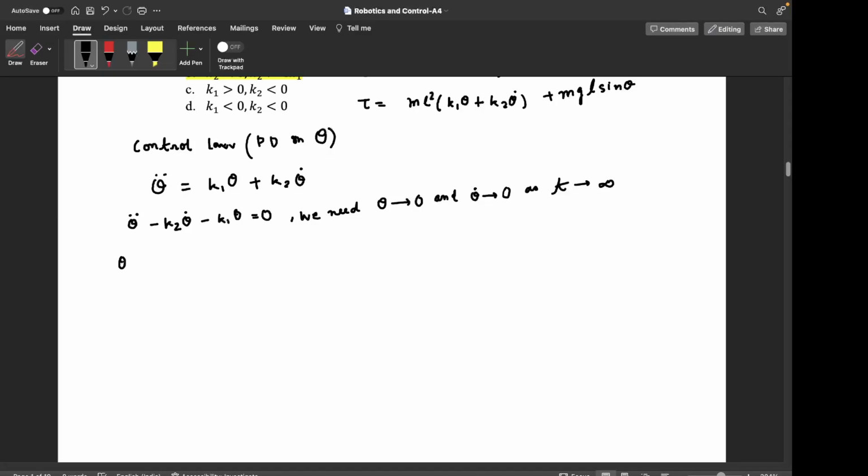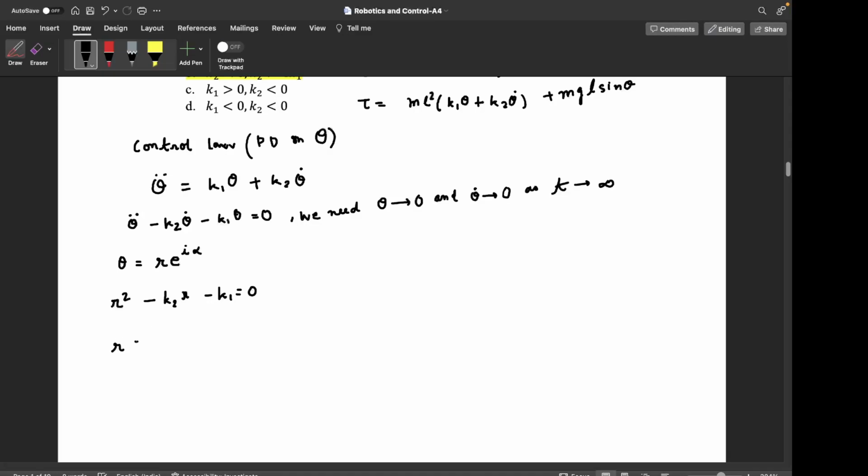So again we take theta as, let's say, r e to the power I alpha, right? Then we substitute, so we get r square minus k2 r minus k1 is equal to 0, right?